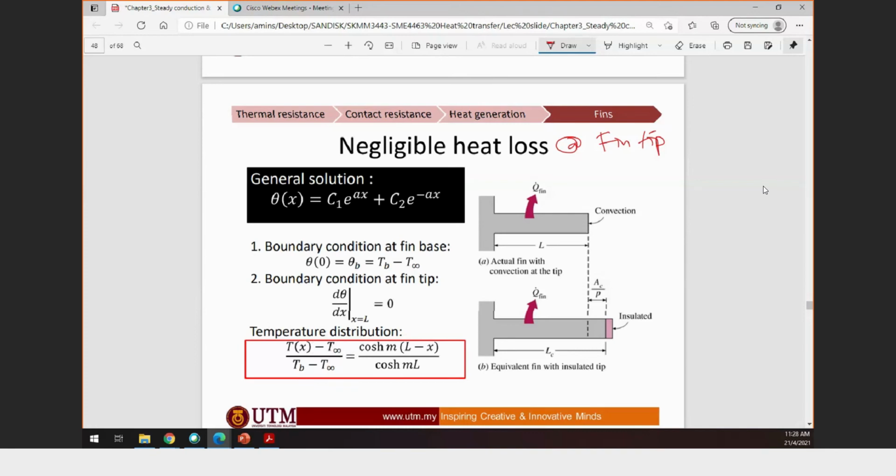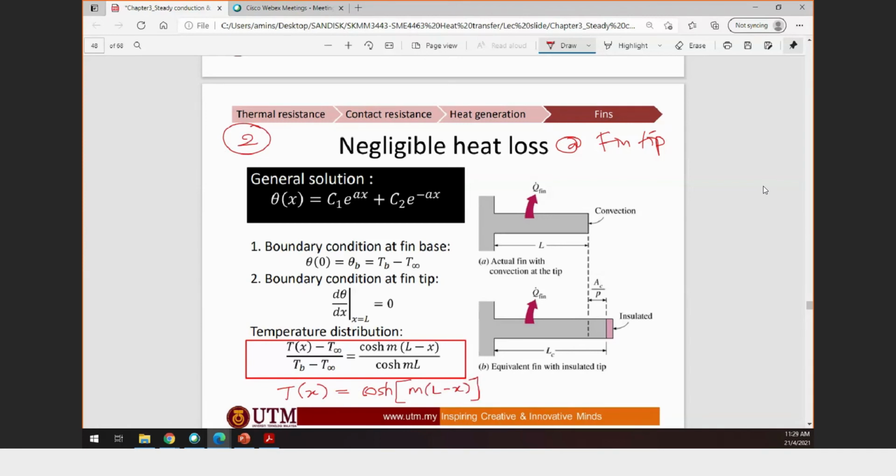So what is the equation for the temperature distribution for this second condition of the fin tip? You get T(x) equals cosh, a hyperbolic cosine function, of m(L minus x).